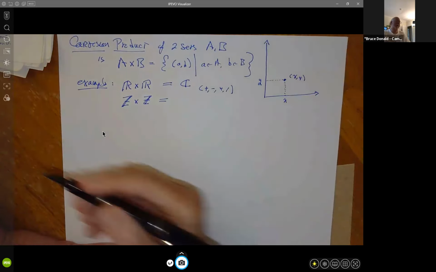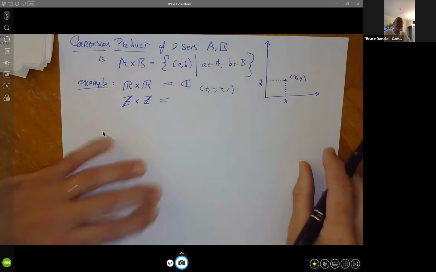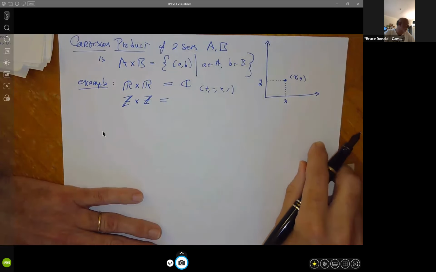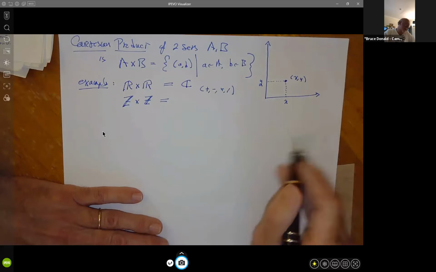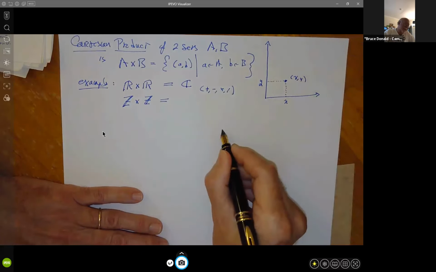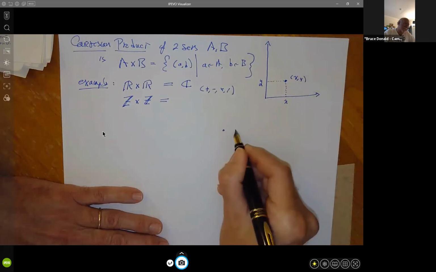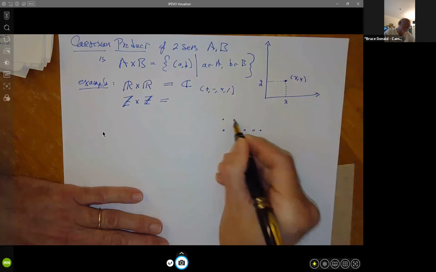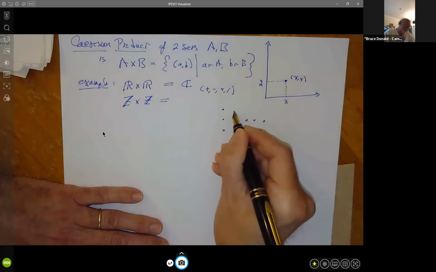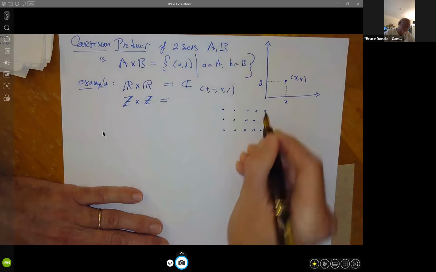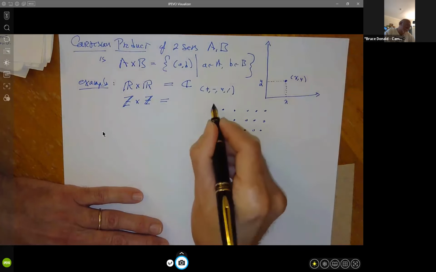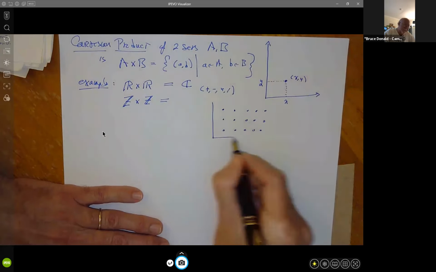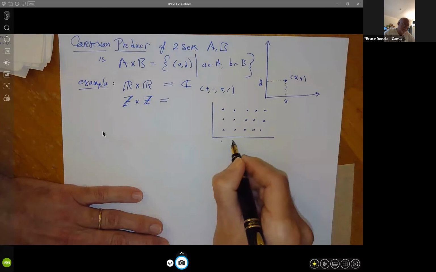Yeah, integers, exactly. They're all points in the Cartesian plane that have integer values, not rationals, integer values. So it would look sort of like this. Of course, it goes on infinitely. This would be 0, if you will, and that would be 1, 2, 3.